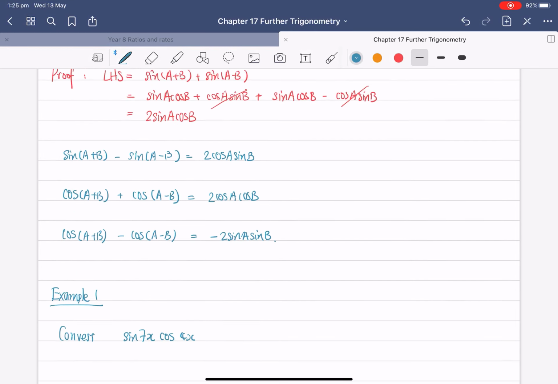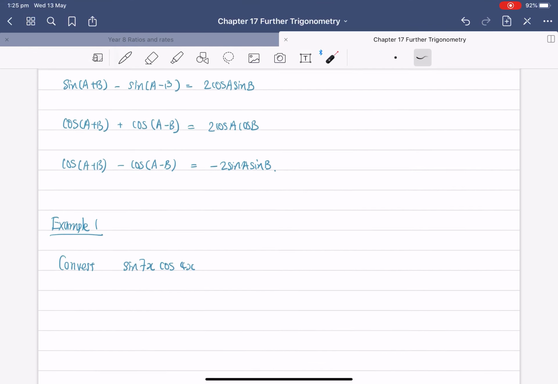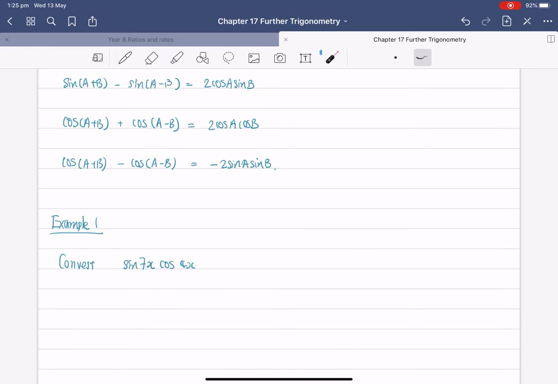How do we do it? We basically just use the first formula, which has 2 sine a cosine b. But we don't have a 2 here, so we need to add a 2, and before adding the 2, I just want to add a half to make sure it's in the right format.